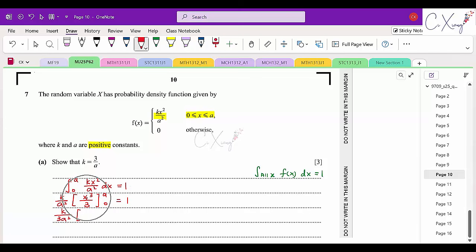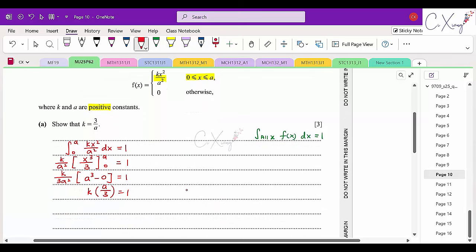Substitute a into my function: I have a to the power 3 minus, substituting 0, I get 0. So when I simplify, I have k times a over 3 equals 1. This is how we get the value of k, which equals 3 over a.